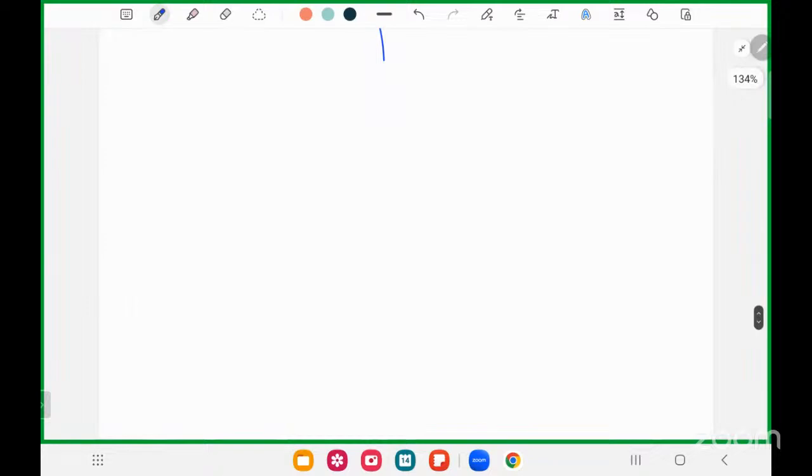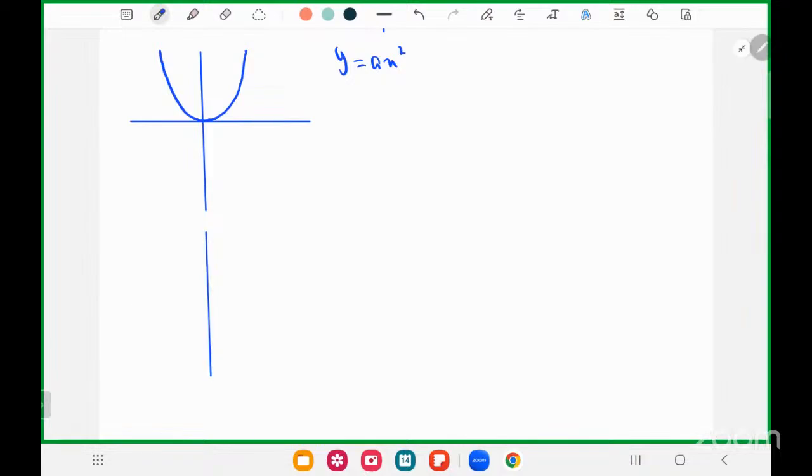Other than that, please be aware and be careful that if y is equal to ax square, it is something like this. If y is equal to ax square plus c, it will shift vertically upwards.